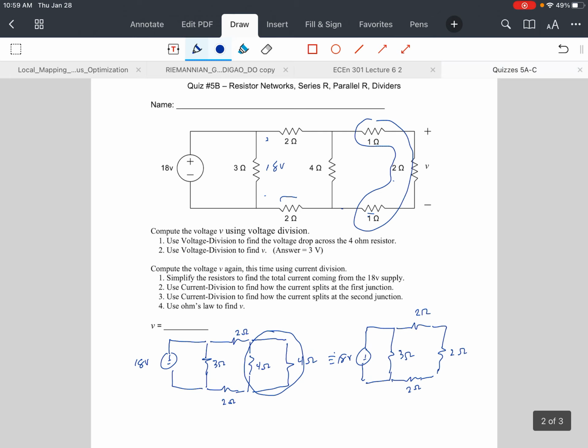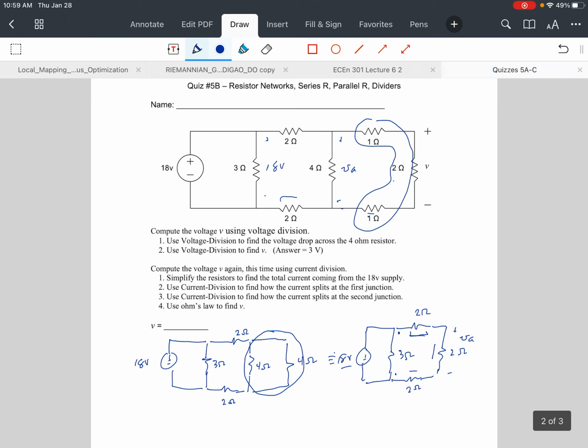Whatever voltage is across here would be our VA. Now we can do voltage division. We know the voltage from here to there is 18 volts, and it gets split between the 2 ohm and the other resistors in series.